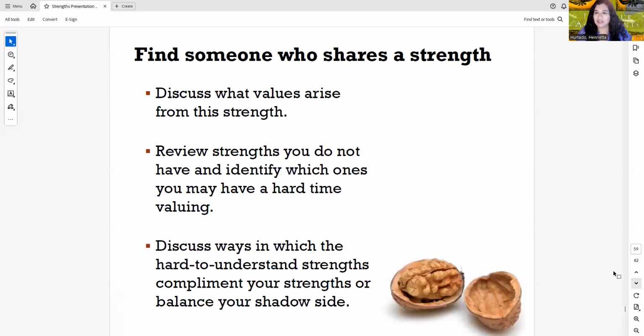So find someone who shares a strength with you, or if you happen to be in a group, discuss the values that arise from this strength.